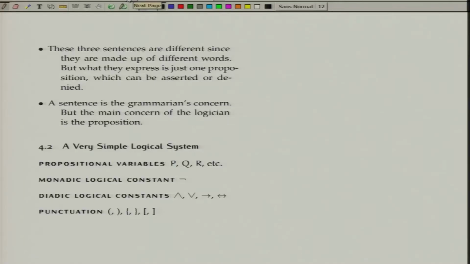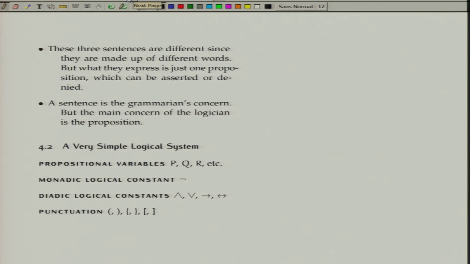Propositional calculus actually is mainly about things that connect sentences or propositions, like and, or, if then, it is not the case that, and things like these.